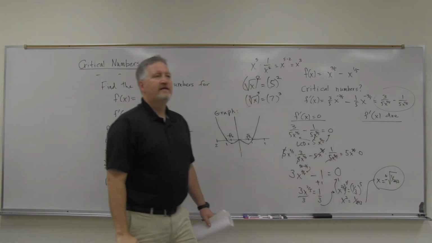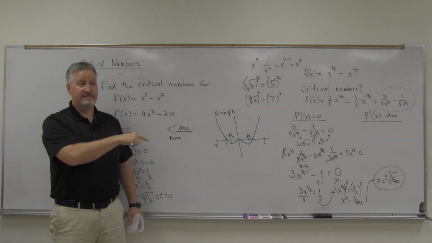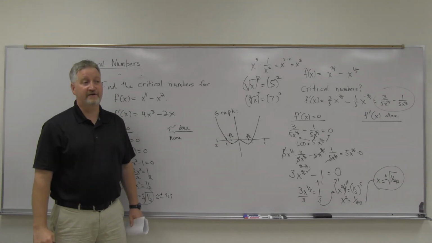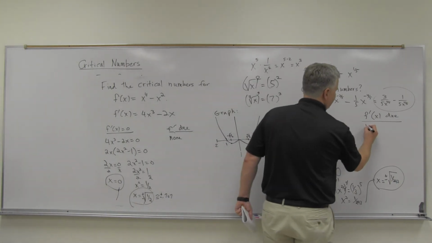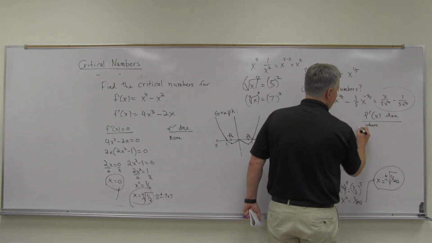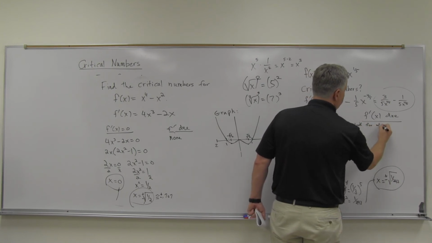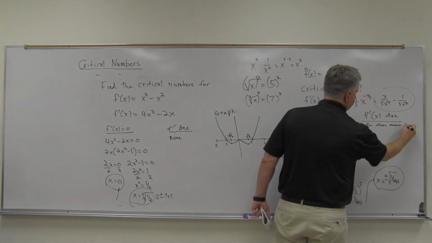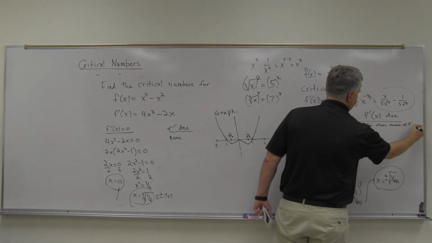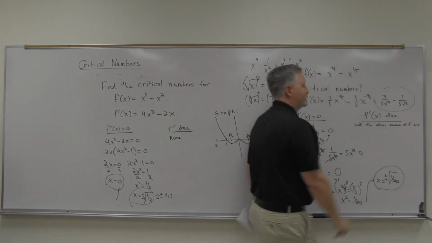What we want to look for where it does not exist is mainly where the denominator of f prime equals 0.